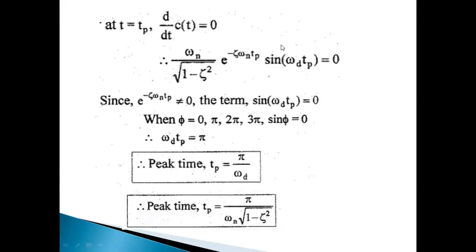Only the sine function can be 0. So equate that to 0, and you will get the peak time tp is equal to pi by omega d.